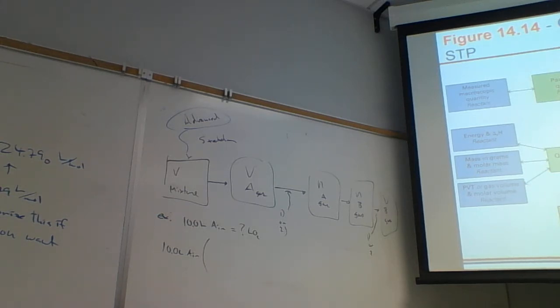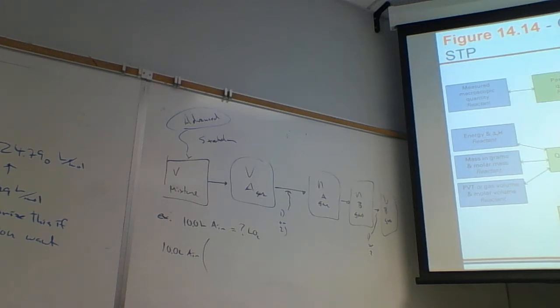And so air is approximately 80% nitrogen, 20% oxygen. Is that by mass or is that by mole? By mole. And so what that means is for every 20 moles of O2, I'm going to have 100 moles of air.